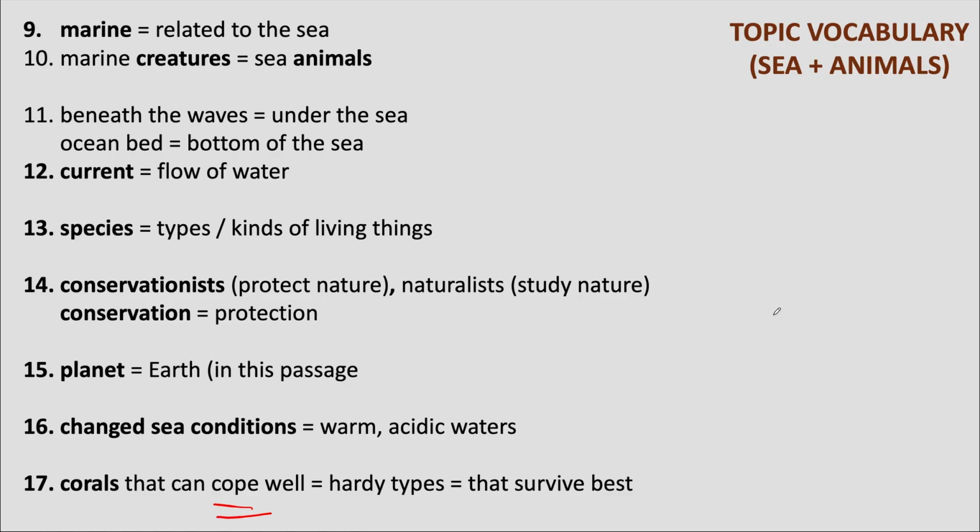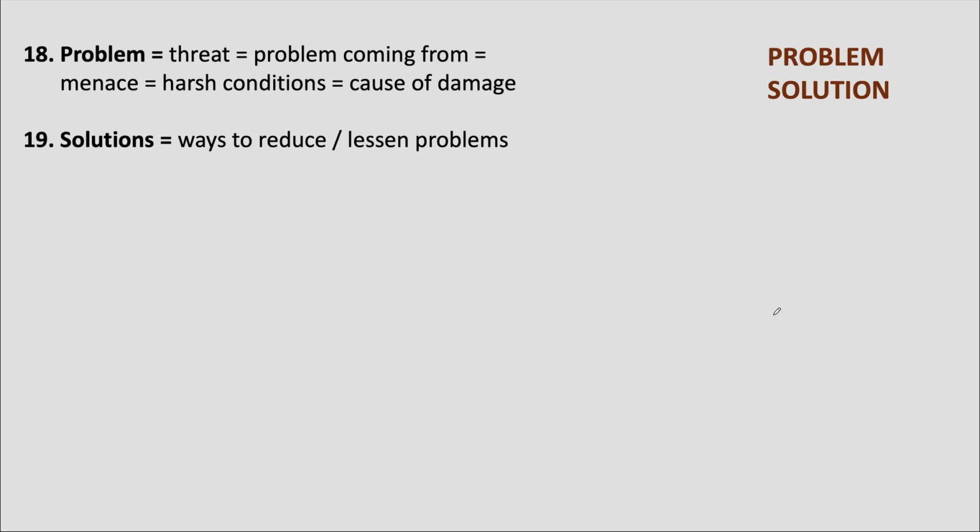So, if the passage talks about corals that can cope well, it means hardy types of coral or corals that survive best. We see a lot of problem solution vocabulary in this passage. You can use these in your writing as well.